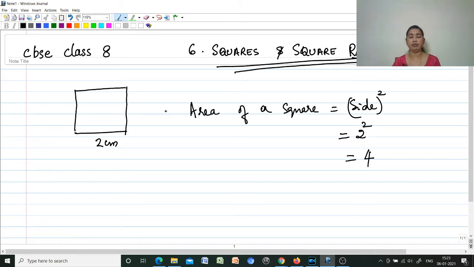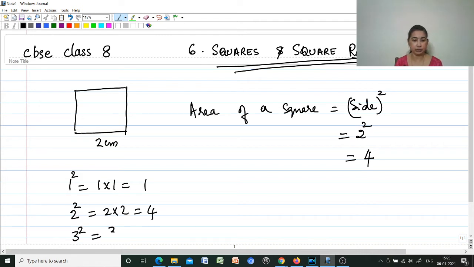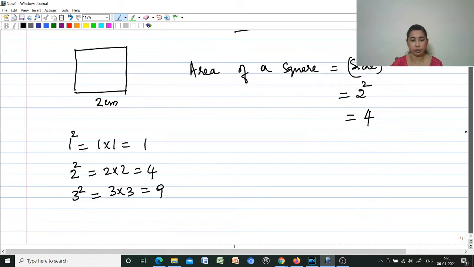In the same way we can find the squares of other numbers also. 1 square means 1 into 1, which is equal to 1 itself. Then what is 2 square? 2 square is 2 into 2, that's equal to 4. 3 square is 3 into 3, which is equal to 9. Then what about 4 square?